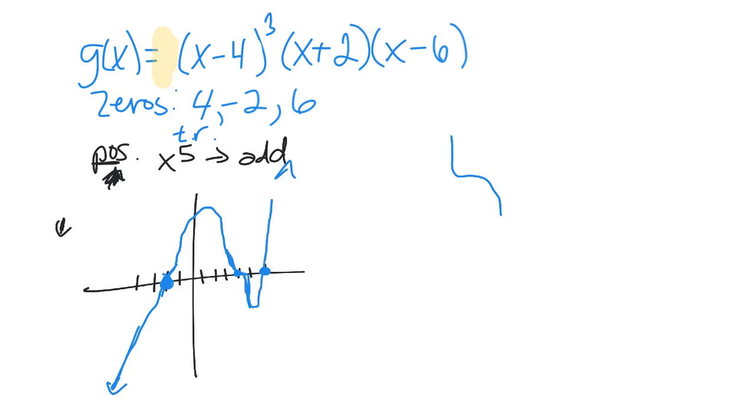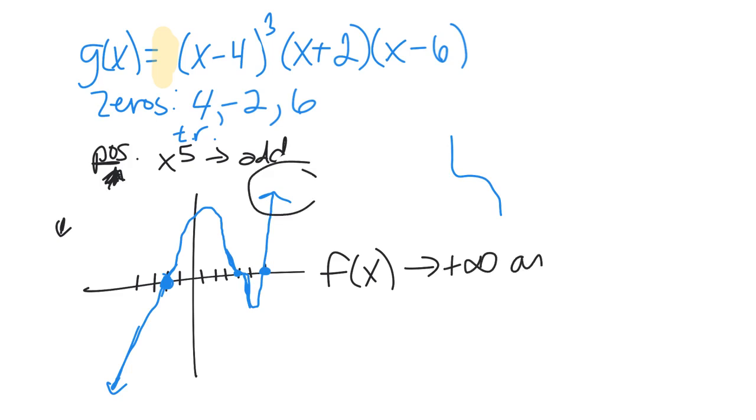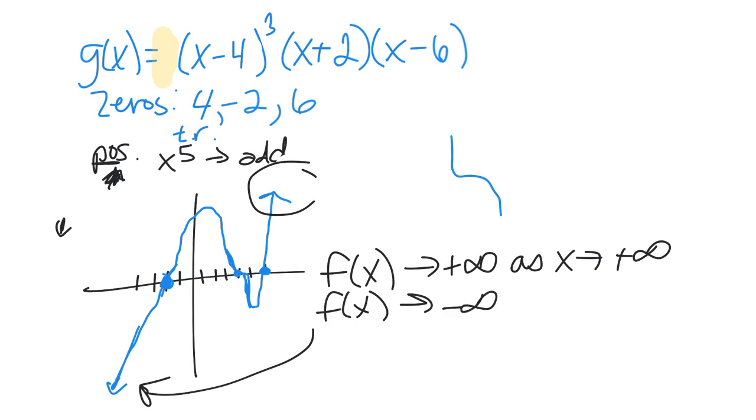It's going to turn around and go back through the 6 and end up pointing up. And my formal notation, f of x, goes to, we're looking at this arrow first, positive infinity, as x goes to positive infinity, and f of x, that's this arrow, goes to negative infinity as x goes to negative infinity.